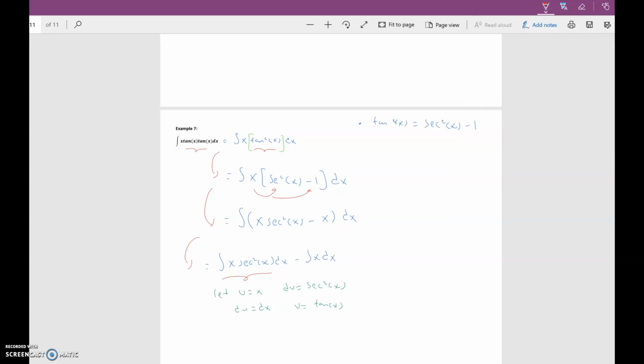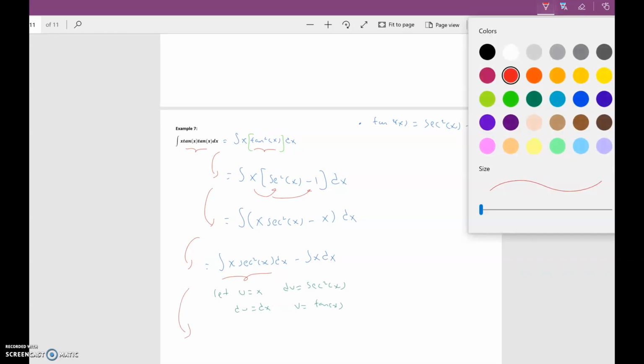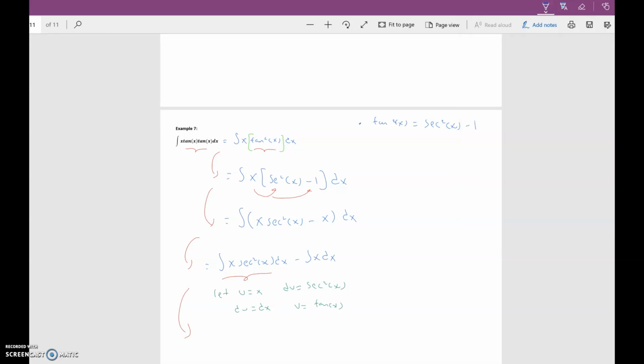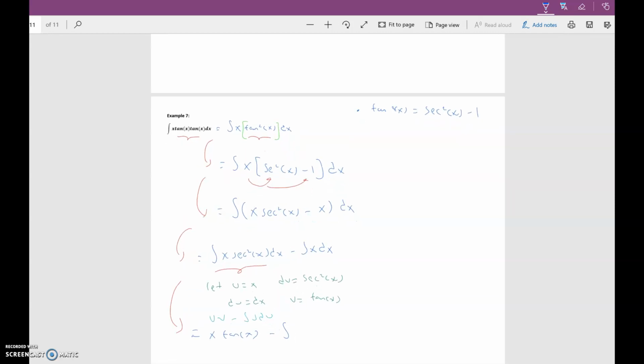From here, we can rewrite it, and let me rewrite the formula. This will be uv minus the integral of v du. So in this case, we have x tangent of x minus the integral. Hold on, I have an error somewhere.